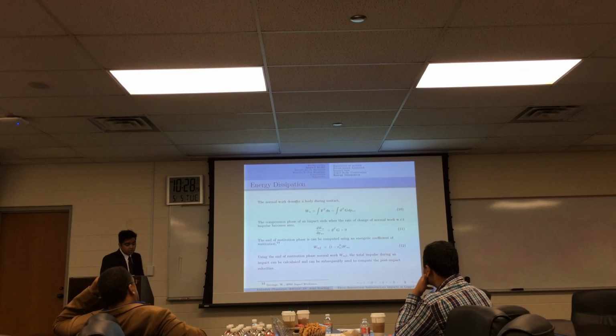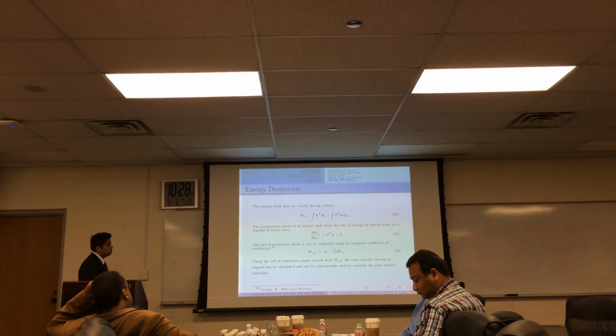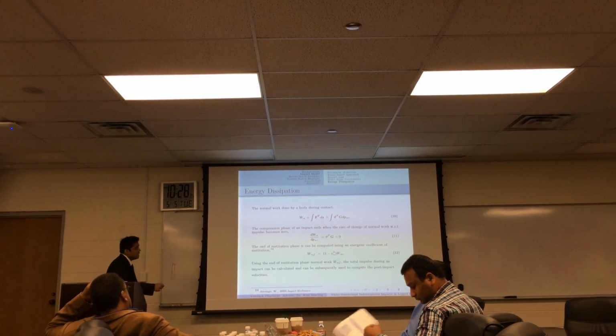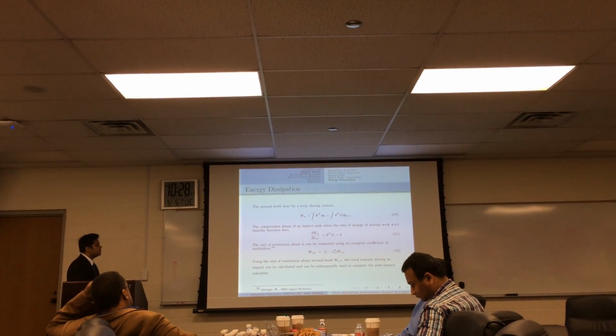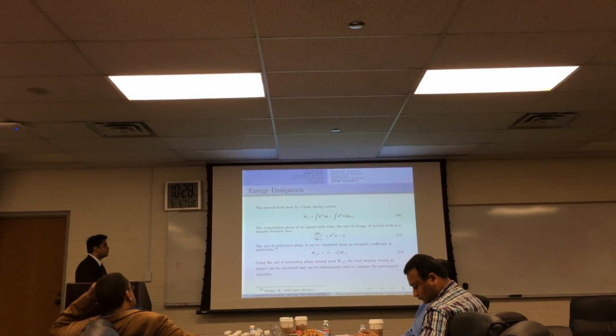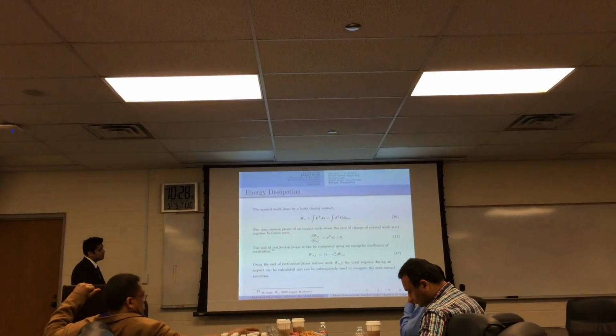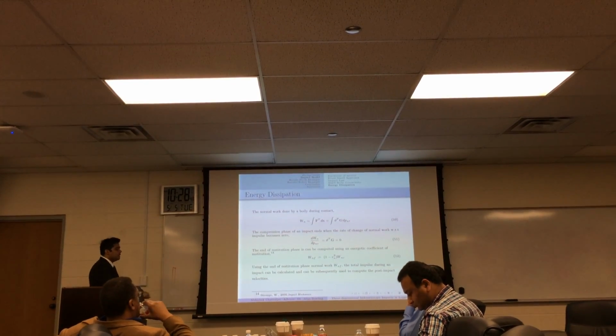Okay. So we can write the equation for normal work in terms of velocity and impulses, and then we can find the end of the compression phase by checking where the rate of change of normal work with respect to impulse becomes 0. So that would be the end of the compression phase.